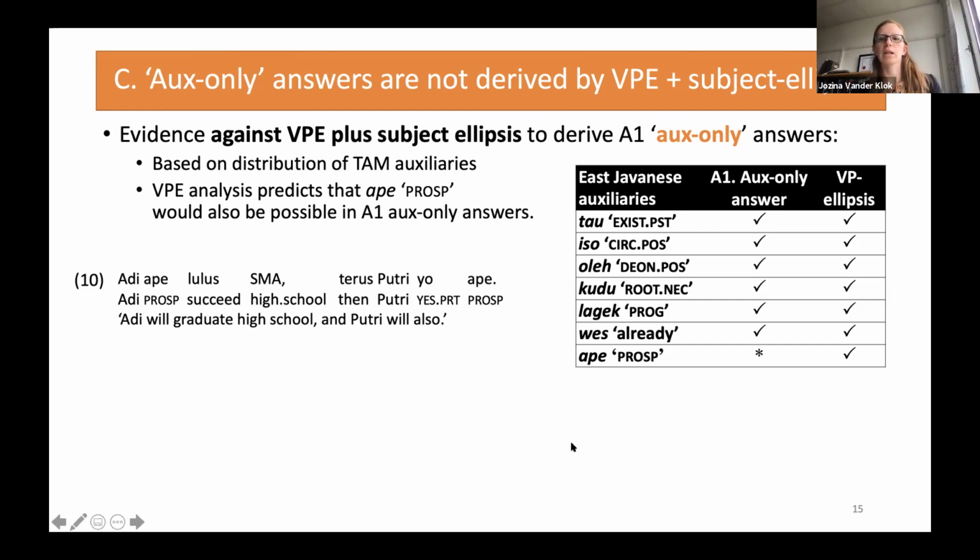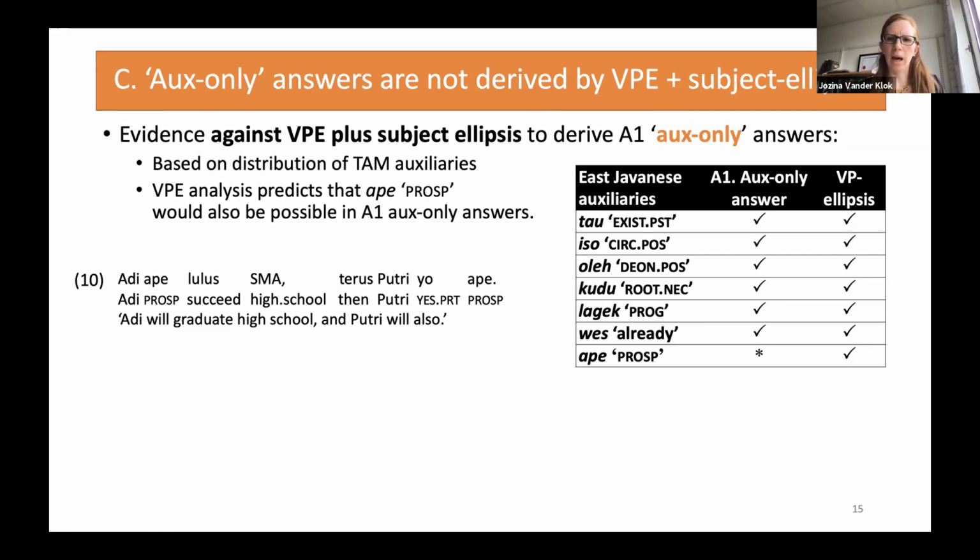So in VP ellipsis, you can have all auxiliaries being compatible with a verb phrase with ellipsis, including the aspectual marker ape, which I think is a prospective aspect. So this is illustrated in 10. Adi will graduate from high school and Putri yo ape.